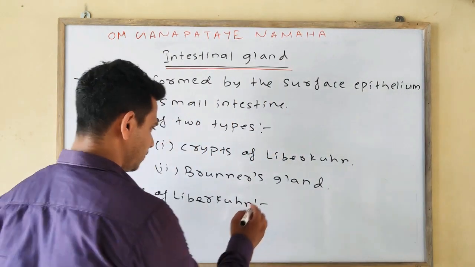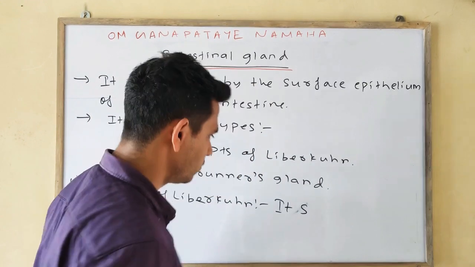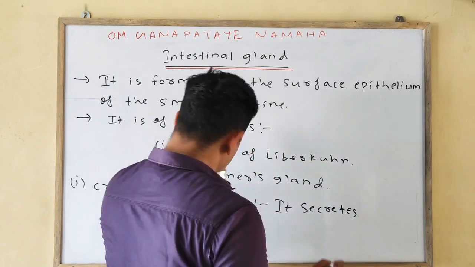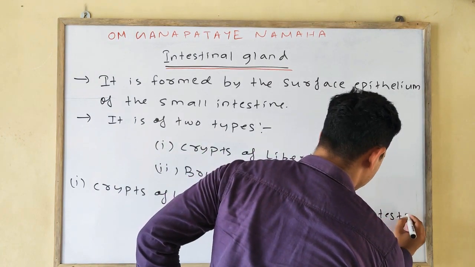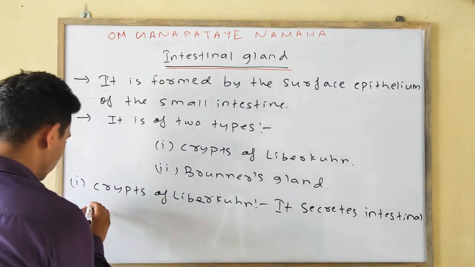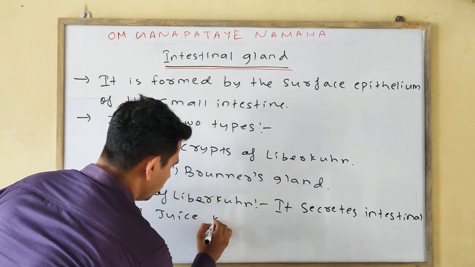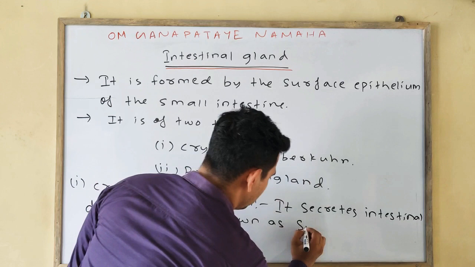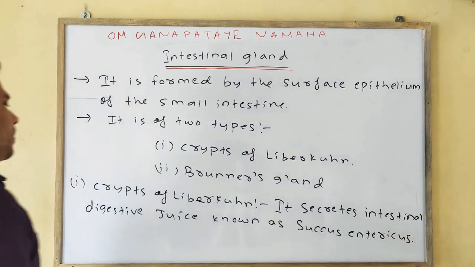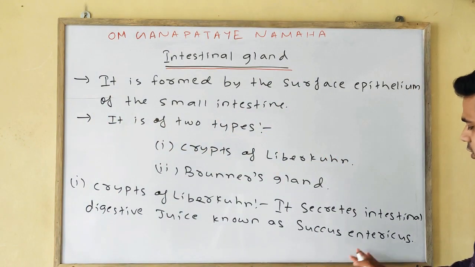The crypts of Lieberkühn secrete intestinal digestive juice, which is known as the succus entericus.